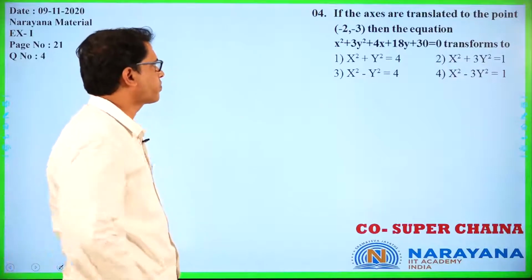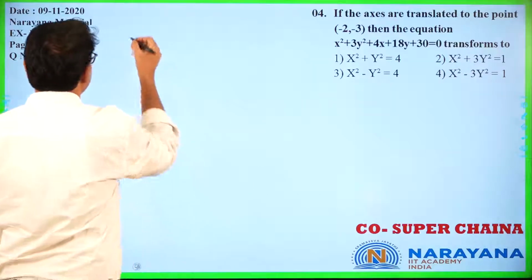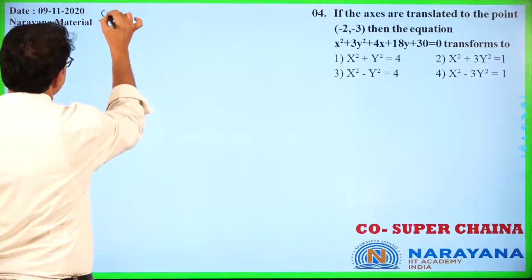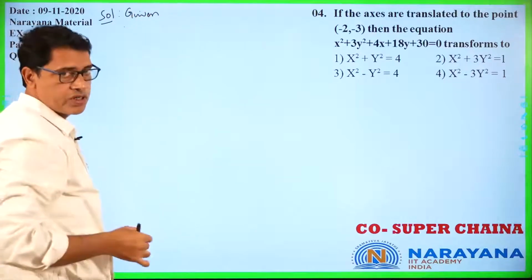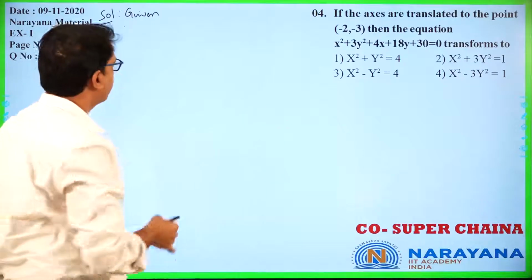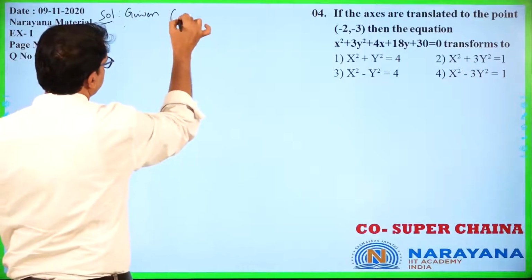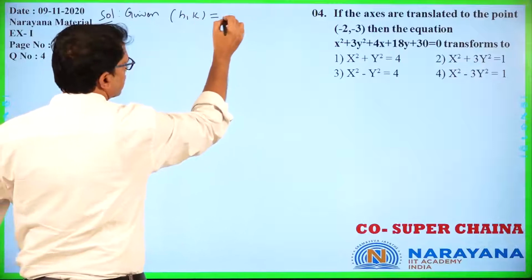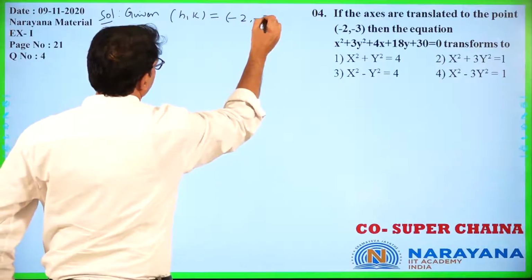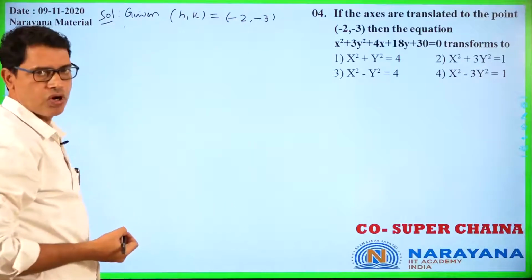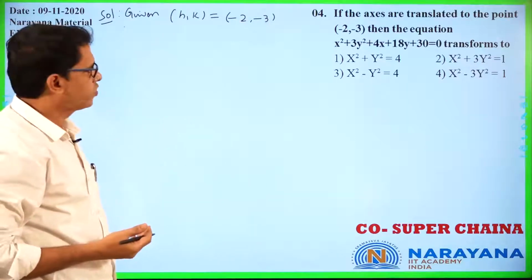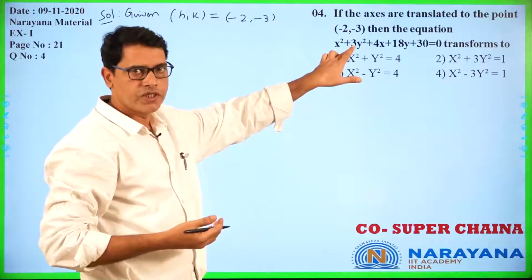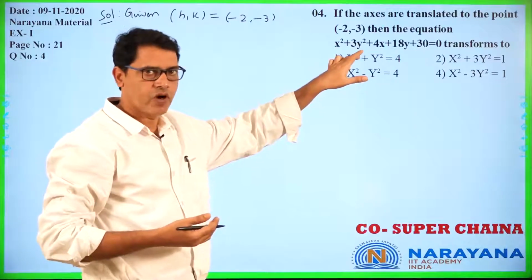See here, first, what is given? The translated point is given, that is h comma k equal to minus 2 comma minus 3. This is the original equation, an equation in terms of small x and y.